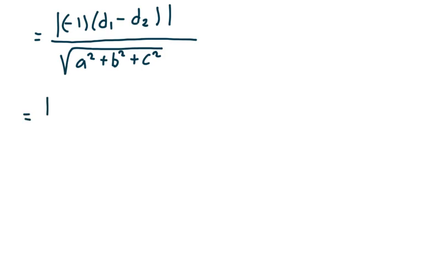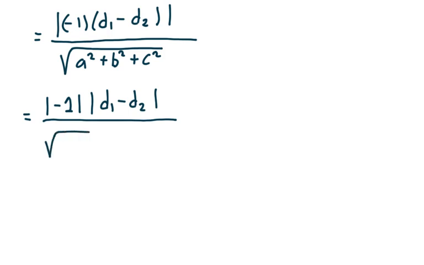But this is the absolute value of negative 1 times the absolute value of D1 minus D2 divided by the square root of A squared plus B squared plus C squared. But isn't the absolute value of negative 1, 1?